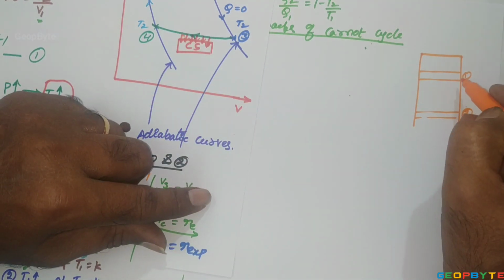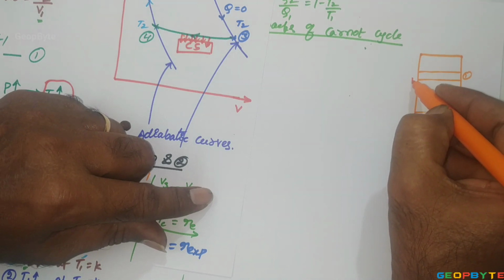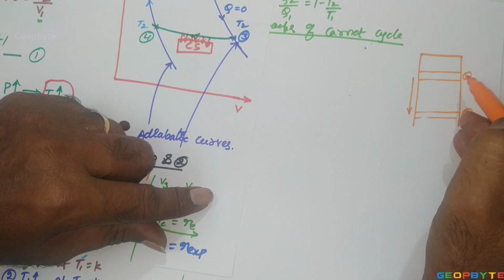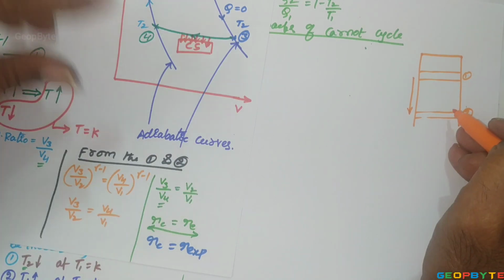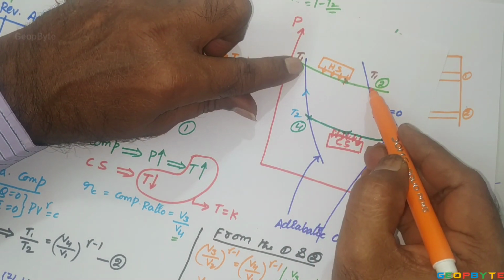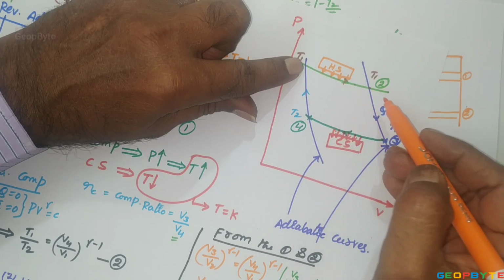By the time the piston is moving from top center to bottom center, the gas inside the cylinder is expanding. During that entire expansion process, 1 to 2 is isothermal expansion, but that is not complete expansion, only half of the expansion.